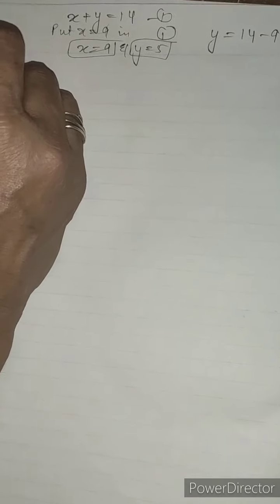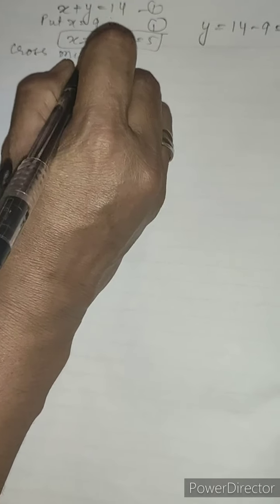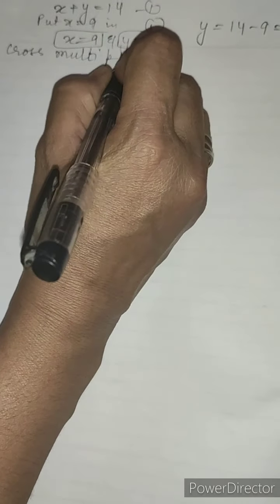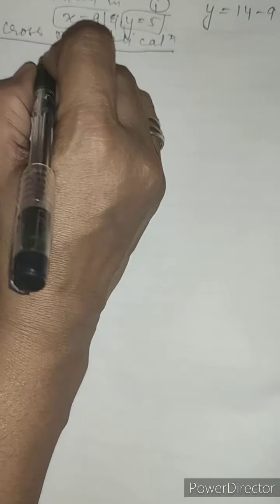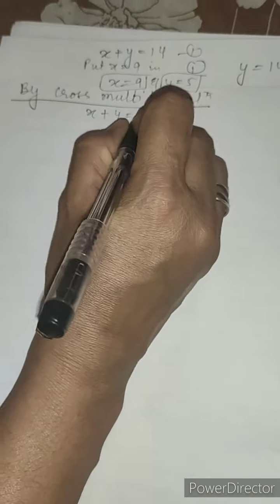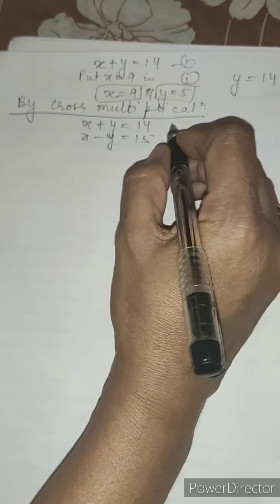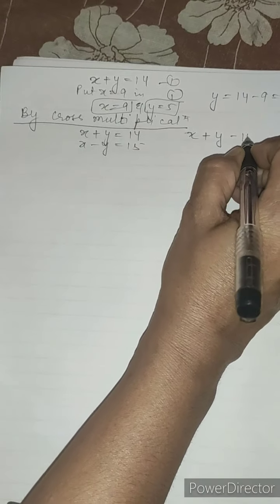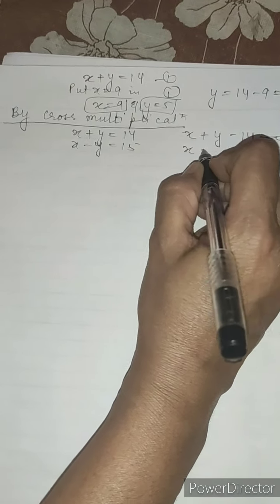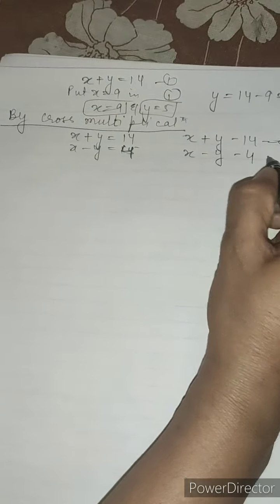Now we will solve by cross multiplication method. So my equations are x plus y equals 14, x minus y equals 4. We will write it in the standard form. So we get x plus y minus 14 equals 0, x minus y minus 4 equal to 0.